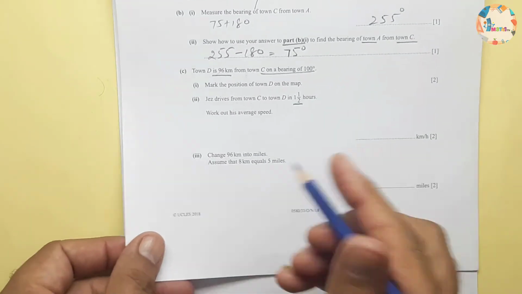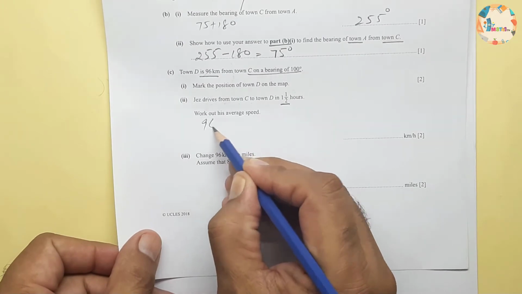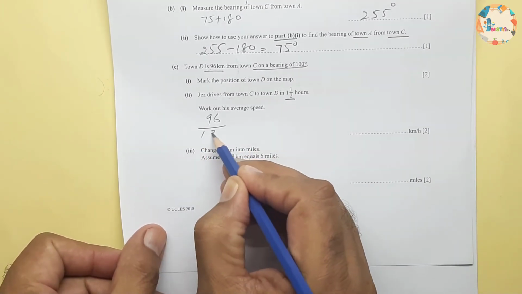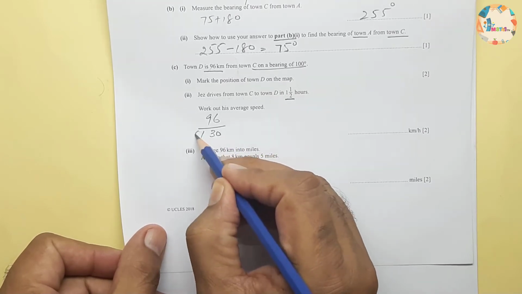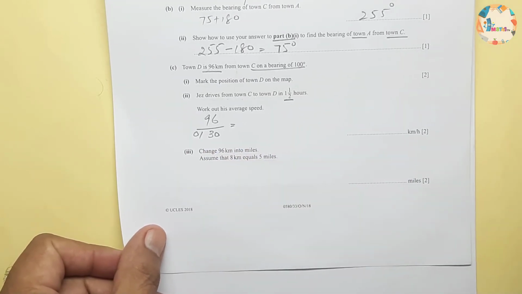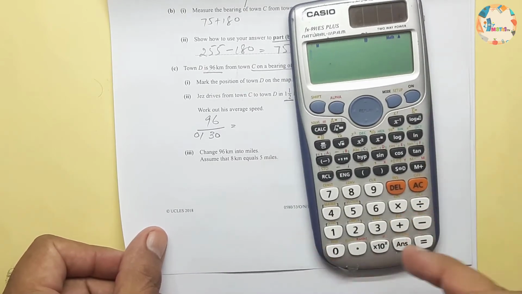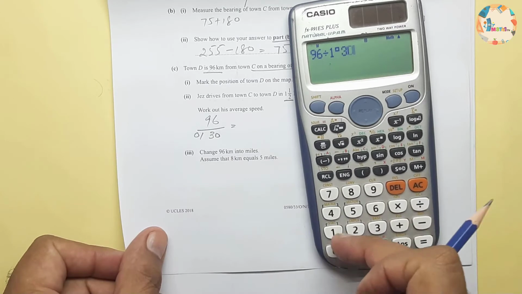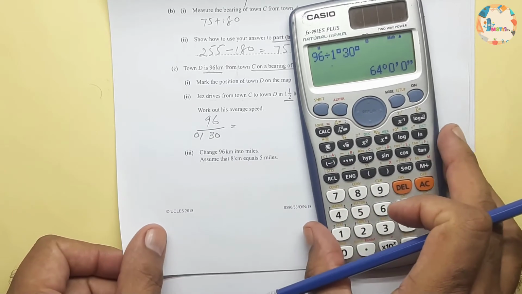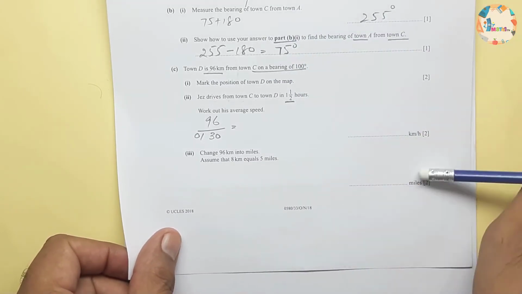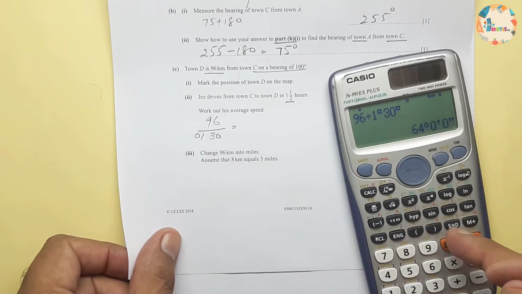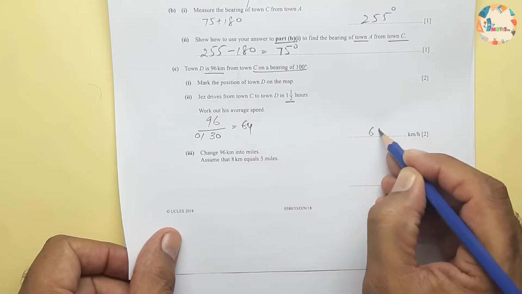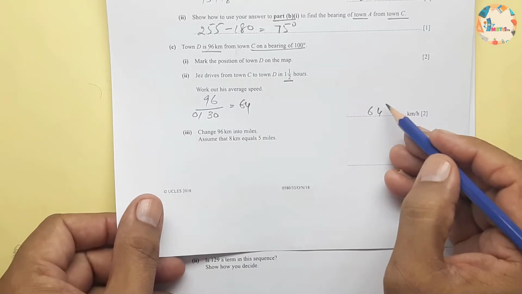So we can take 96 divided by this time, which is 1 hour and 30 minutes. We use the calculator for this. So 96 divided by 1 hour and 30 minutes will be equal to 64. So this will be 64 kilometers per hour.